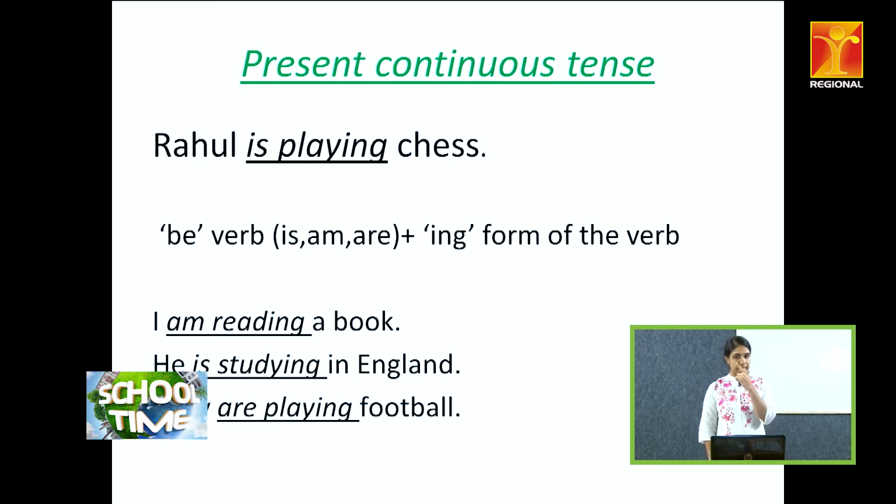Rahul is playing chess. What does it mean? He is playing chess. That means the action play is taking place now. It is happening now. That is the meaning of that sentence.